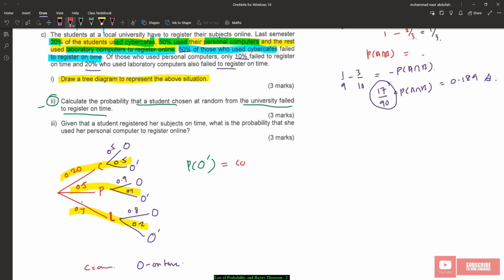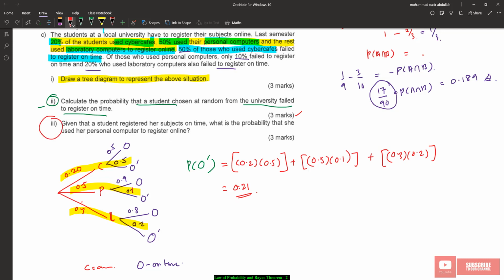This is 0.2 multiplied with 0.5, plus 0.5 multiplied with 0.1, plus the last one, 0.3 multiplied with 0.2. What is the answer here? 0.21. Simple, right? 3 marks for you.